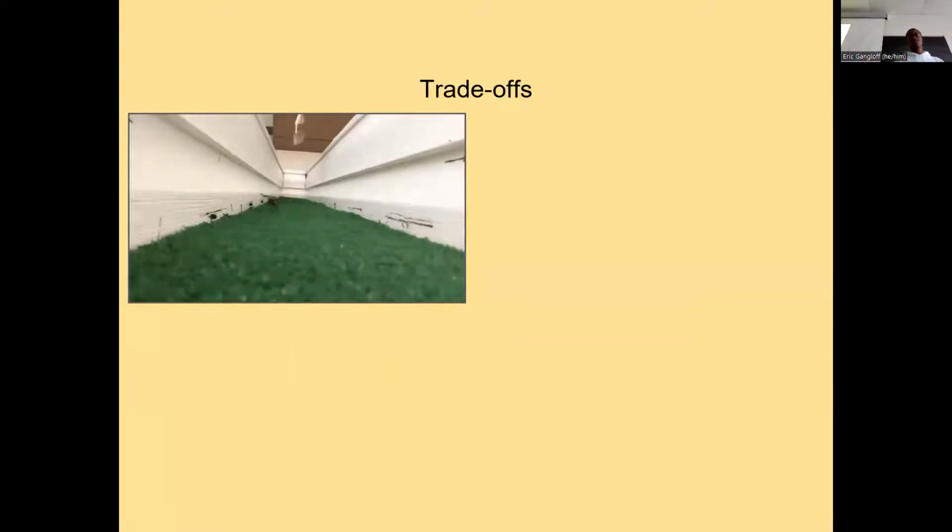All right, so I just wanted to give you some examples of trade-offs. There's this really famous example of a trade-off between how fast an organism is able to run, so sprint speed, and endurance, right? So we see this little lizard running along.